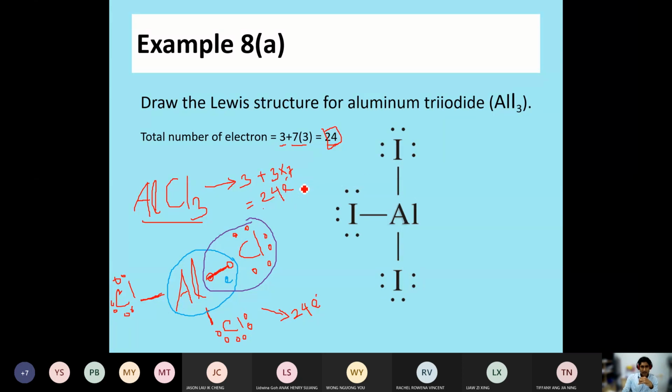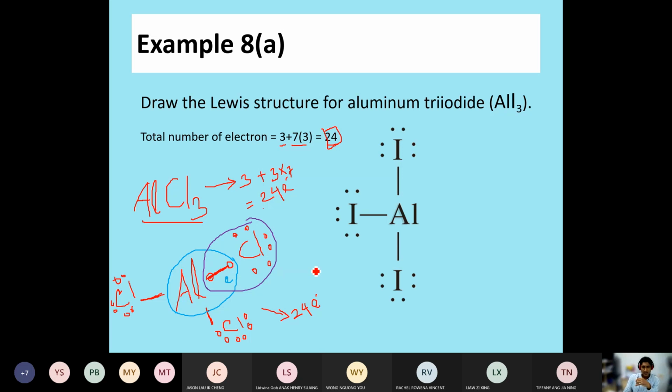So this is the problem: aluminium is an exception. It does not require fulfilling its octet. By having a sextet, 6 electrons, it is already stable.